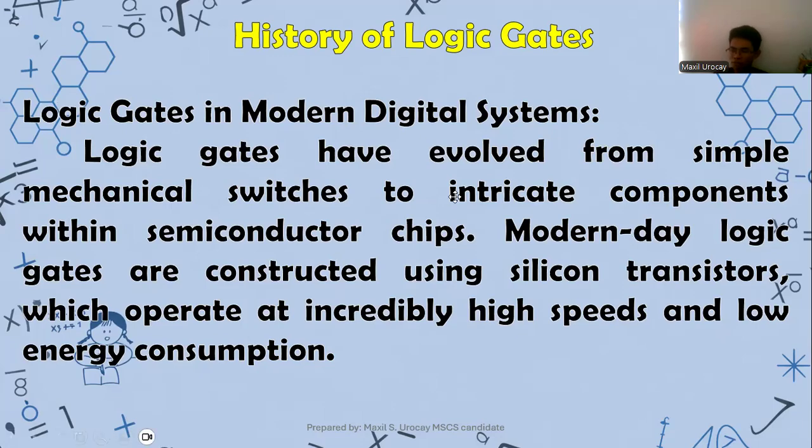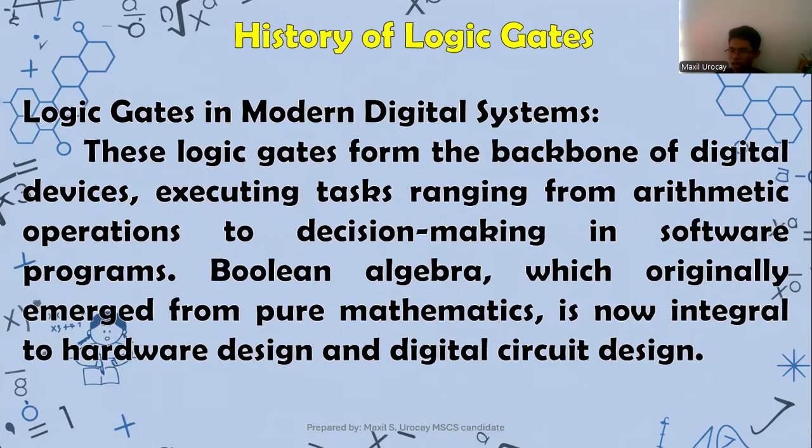Now, these logic gates in modern digital systems form the backbone of digital devices, which execute tasks ranging from arithmetic operations to decision making in software programs. And Boolean algebra, which originally emerged from pure mathematics, is now integral to hardware design and digital circuit design.